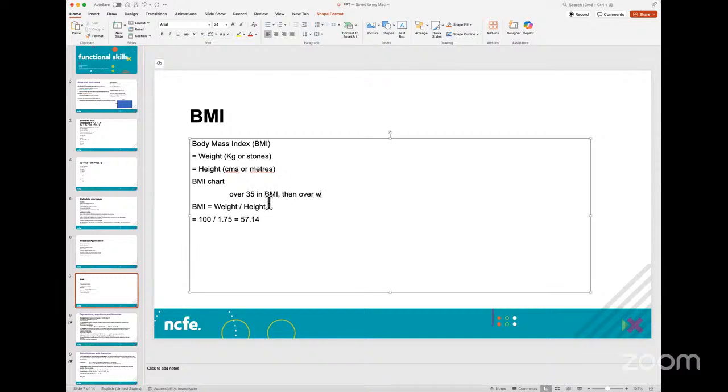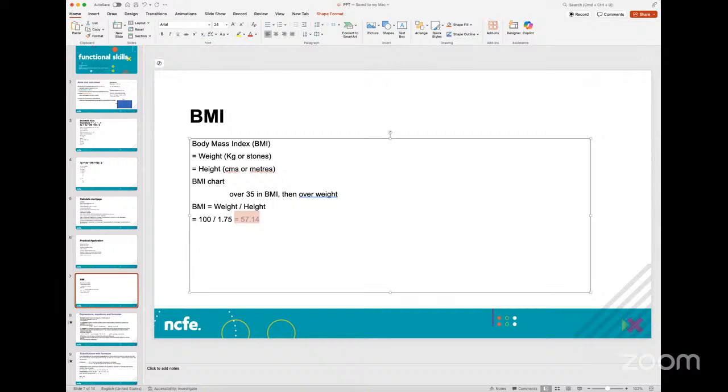So if your height was 1.75 meters or 175 centimeters, and your weight was 100 kg, then your BMI will be 57.14. That means you're highly obese. You need to reduce. You are at very high risk of diabetes and heart attack and coronary disease. So that is where you would see the practical applications of expressions, equations, and formulae.